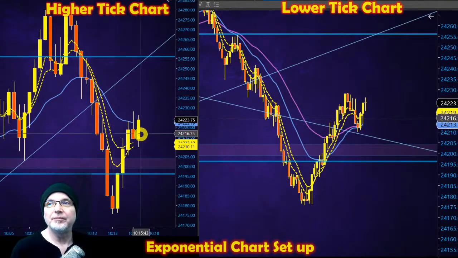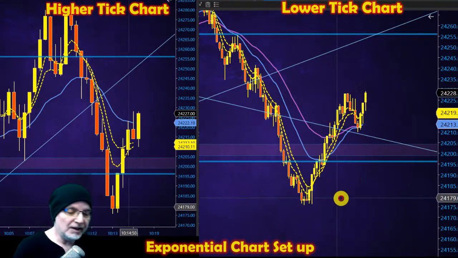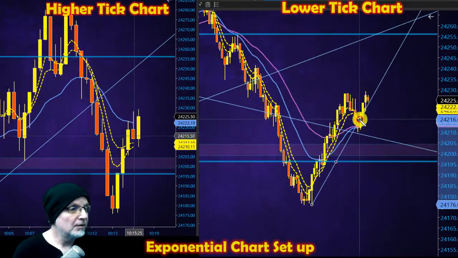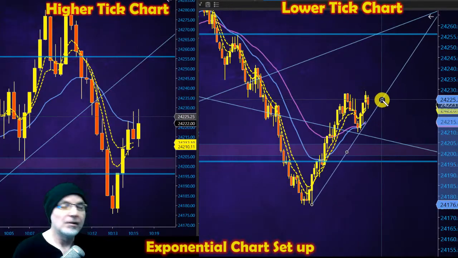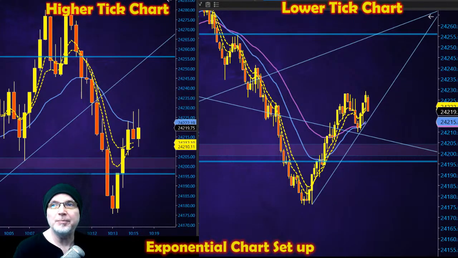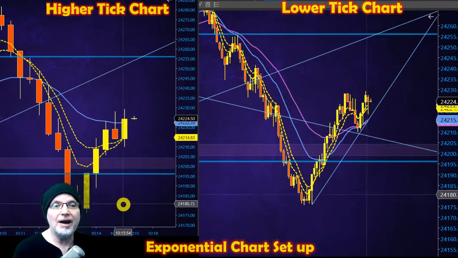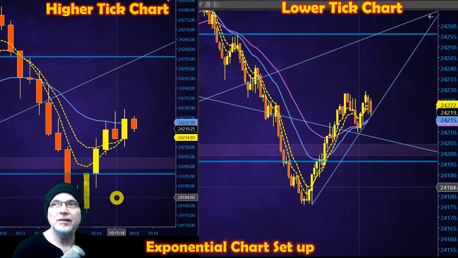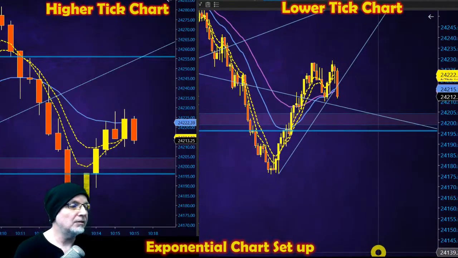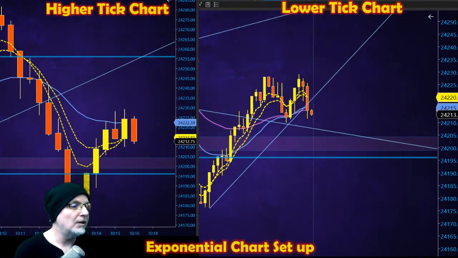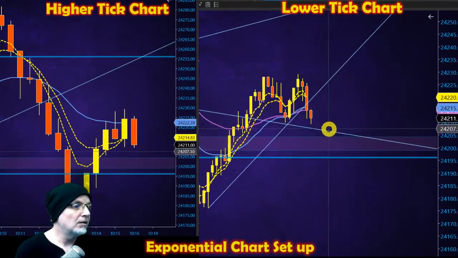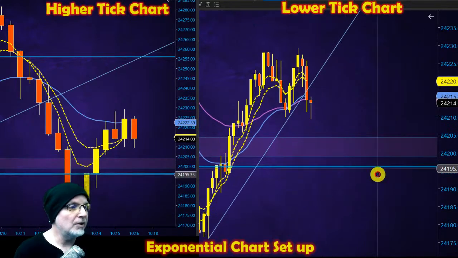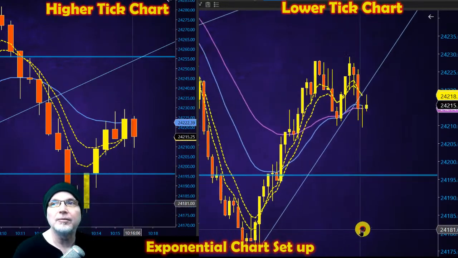Now it's possible to take a trend line break right here, because exponentially speaking, it's at the highest level I like before not wanting to do it. This needs to turn right here and give me a green bar ignored, and I could try it. I could try this one right here.